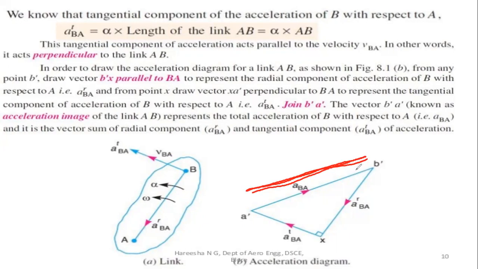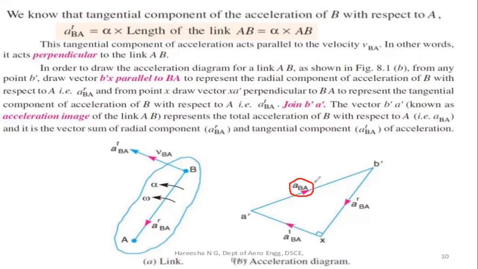Therefore, the vector B dash A dash is known as the acceleration image of the link AB. It represents the total acceleration of B with respect to A, that is A_BA.